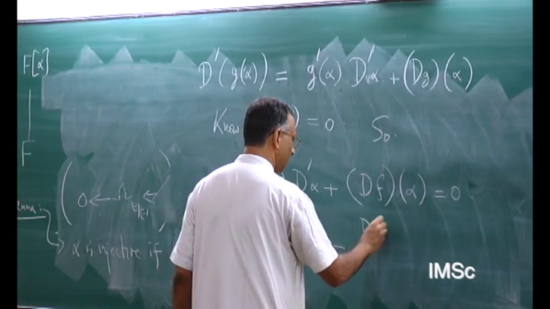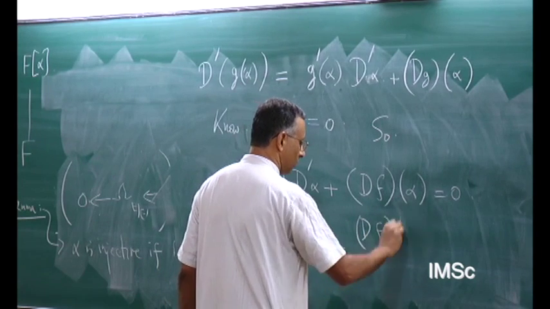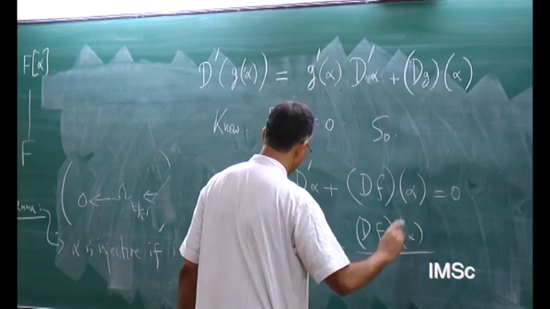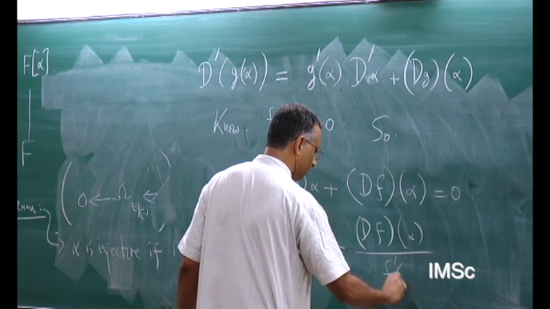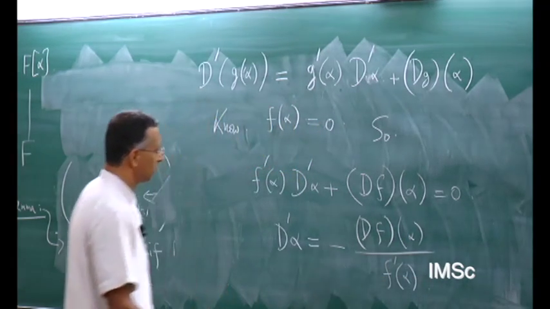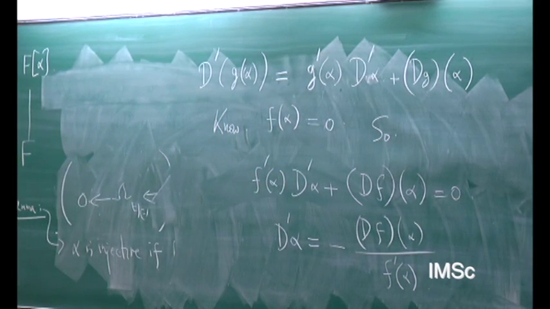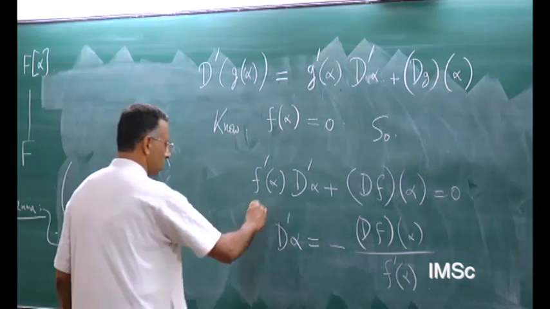So this is df of alpha by f' alpha, with a minus sign.